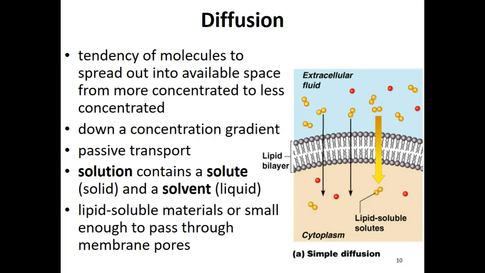So we're going to look at energy or non-energy required movements, so passive transport mechanisms, and then we'll talk about active mechanisms. So passive transport, we need no energy. And the first is just basic diffusion, simple diffusion, where molecules move from higher to lower concentration down a concentration gradient until they reach equilibrium.